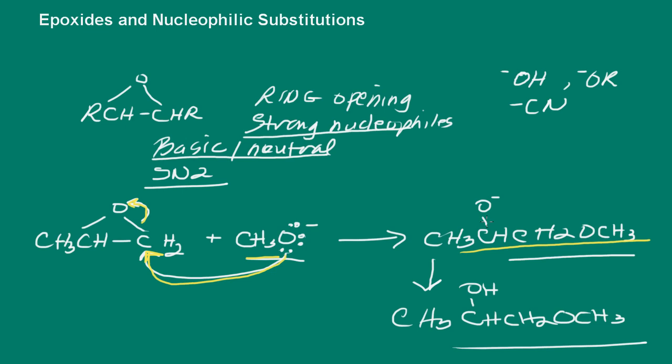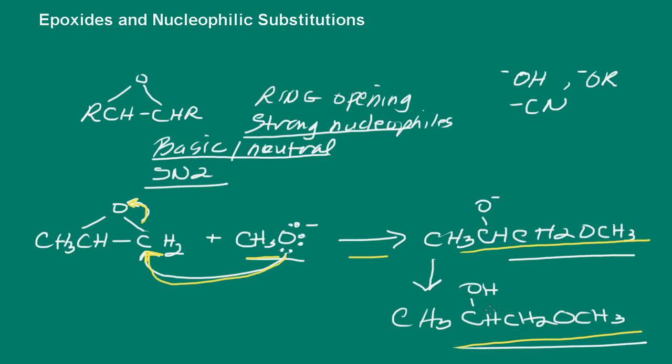Now, in the second step, what will happen is the alkoxide ion will pick up a proton either from the solvent, or we can add an acid after the reaction in order to protonate this alkoxide ion. So we end up with a product here that has two functional groups. We have the ether and the hydroxyl group here.